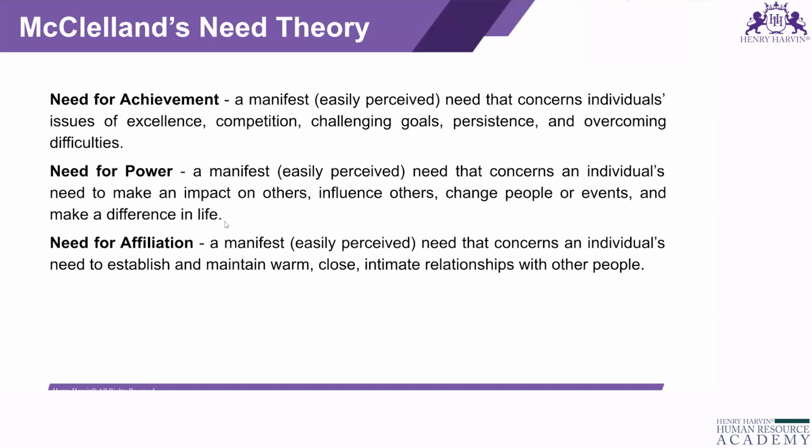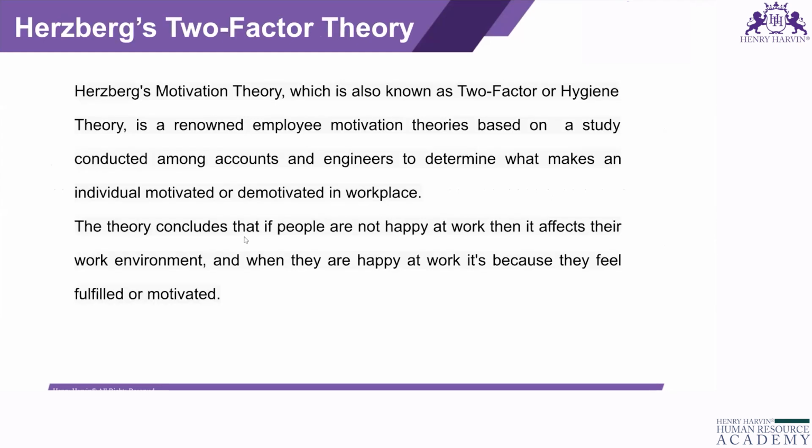Then comes the need for power: a manifest, easily perceived need that concerns an individual's need to make an impact on others, influence others, change people or events, and make a difference in life. Then the need for affiliation: a manifest need that concerns an individual's need to establish and maintain warm, close, intimate relationships with other people. Then there is this theory as well. We will do this and then see all the videos one by one.